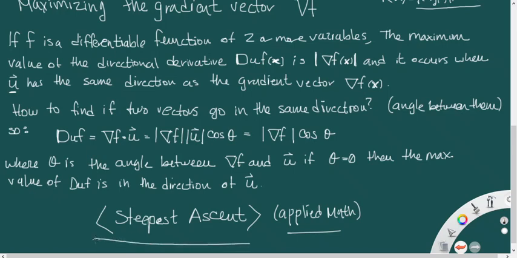Okay, and you are going to deal a lot with this, even if you do robotics or not. You are going to deal with a lot of this in the field. And this is a pure mathematical way to get the steepest ascent, but there are other ways, in terms of experimental data, that you will learn along the way in applied math to get this steepest ascent.